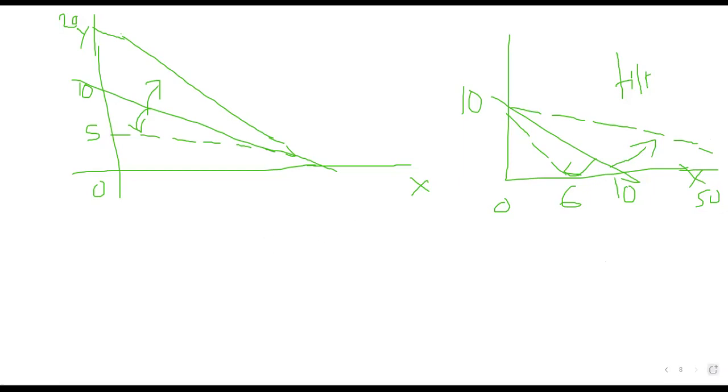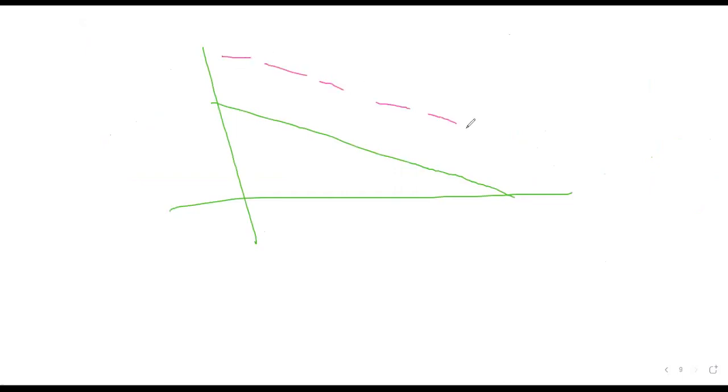But there's also what we call a shift. If our budget was like this and our income has increased, we're going to shift evenly outwards. So maybe we're consuming 10 units of X, and now we're going to 20, and 10 units of Y, and now we're going to 20.